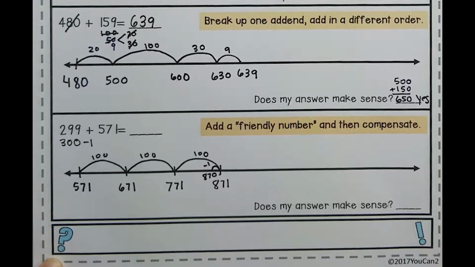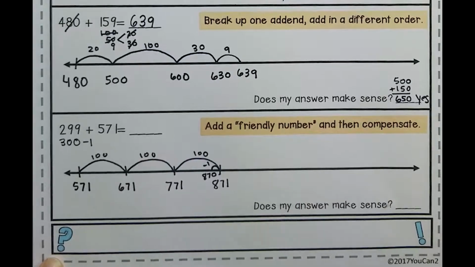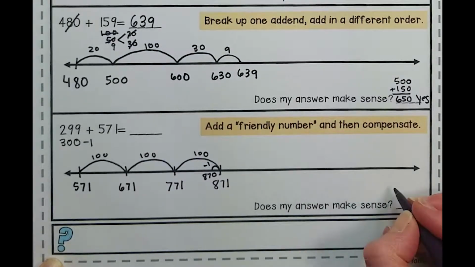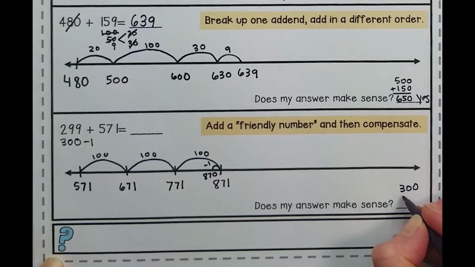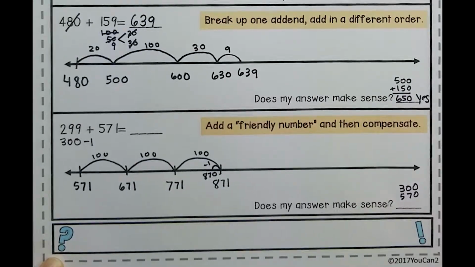Okay. So, looks like we might have made $870 on cookies in the last 2 days. It's a lot of money, a lot of cookies, a lot of chocolate chips. But let's check to make sure our answer's right. So 299 is close to 300, as we know. 571 is close to 570. Real close.